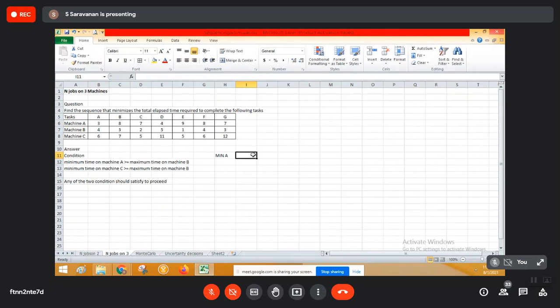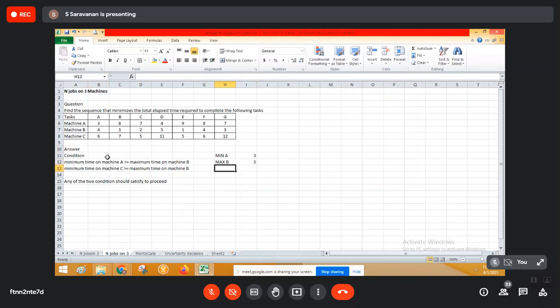Then the maximum on machine B: see here, the condition is maximum on machine B. Maximum on machine B is 5, right?